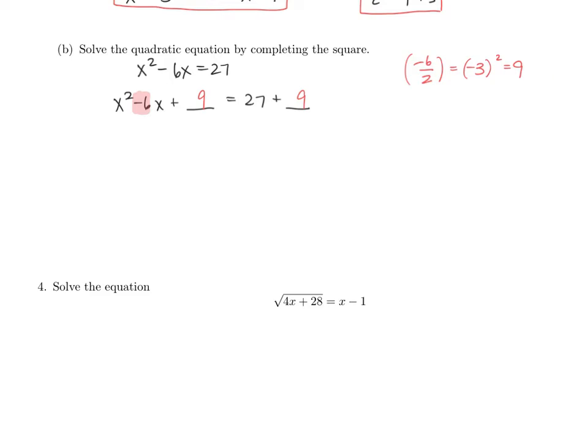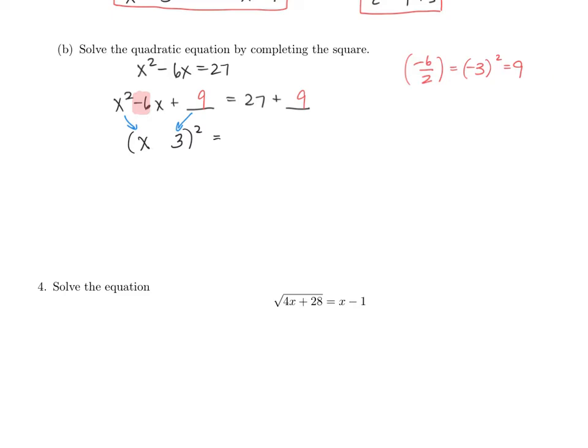Now what goes on the left-hand side, this is always going to factor into something squared. It always factors into the variable, so x, because x times x is x squared, and then you take the 9 and you take the square root of that, and that's what goes here.